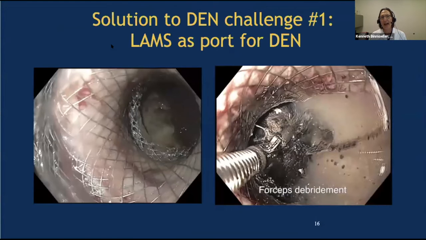And this is why I'm very proud that we could develop the LAMS as a port to now more easily and safely enter into the WON to perform necrosectomy. So the LAMS is a port for direct endoscopic necrosectomy.